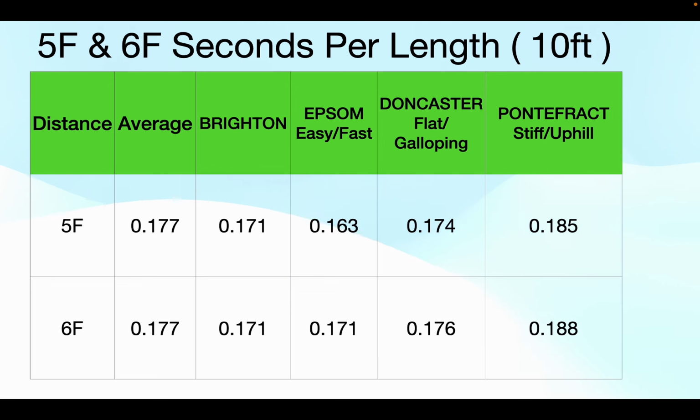They're so busy trying to sort out their positions into the bend, they don't really get going quick enough. But once they get round the bend, it's downhill. So it's on a par with Epsom. Much faster than your average galloping track, which is Doncaster, and easier than a stiff track such as Pontefract.